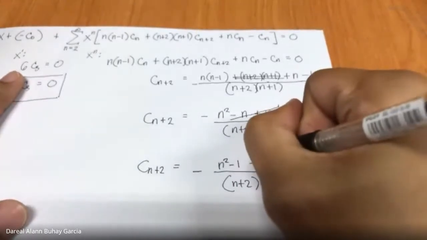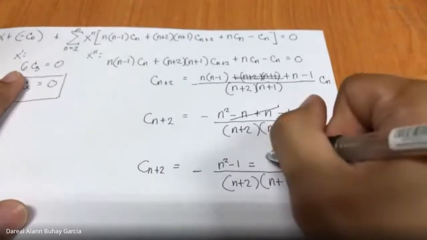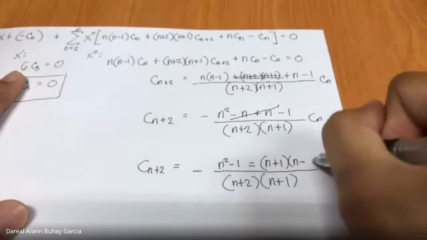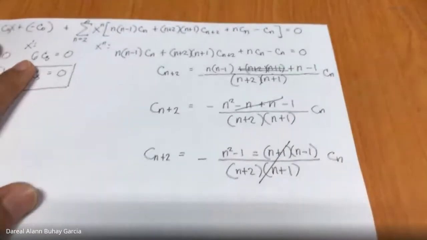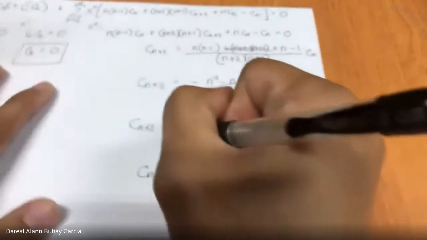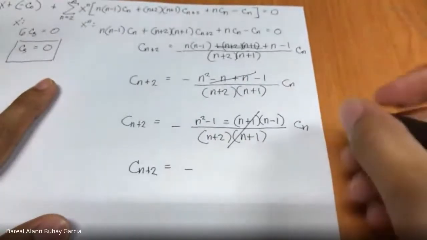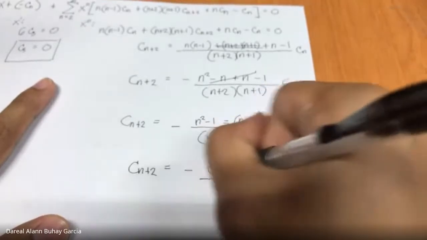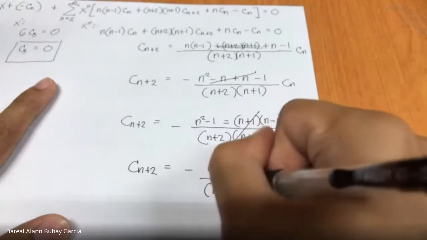Okay. So, ato na yung E. N plus 1. N minus 1. Okay, at least ay makancel. No? Convenient. Negative. N minus 1 over N plus 2.